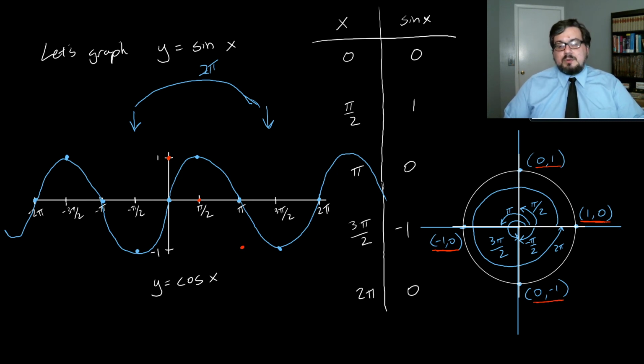And a cosine of 3 pi over 2 is 0, because that's the x-coordinate of that point. And then a cosine of 2 pi is the same as the cosine of 0, so we get 1 up here.